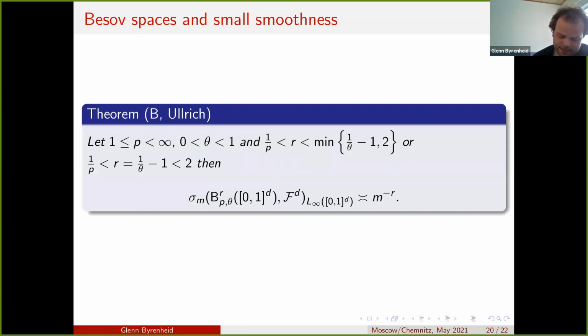The point is that if we have a little bit more smoothness, even coming from our discretization theorems in Littlewood-Paley for the Faber-Schauder series expansion of Besov spaces, then in such regularity areas we get rates for best n-term approximation by the Faber-Schauder dictionary, measuring the error in L infinity, which have no additional logarithmic term. So they have only m to the power minus r and no additional logarithm.